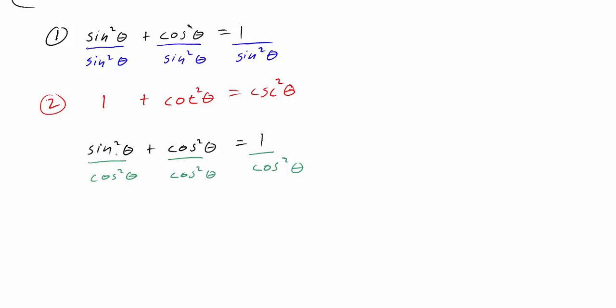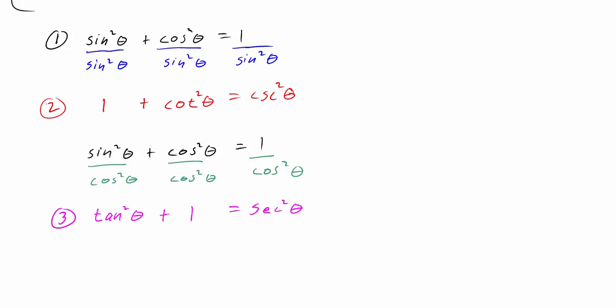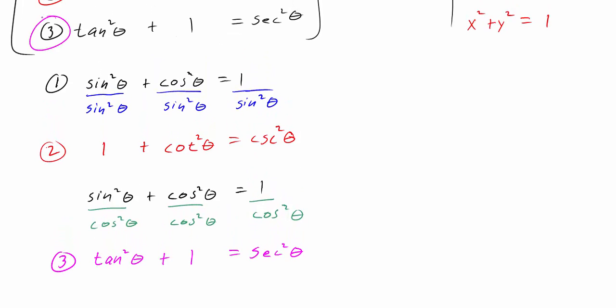We know from our previous identity that sine over cosine is the tangent, and because these are squared, we end up with tangent squared theta, plus cosine squared over cosine squared, which is 1. And then 1 over cosine squared would be another reciprocal, so to get rid of the fraction, we could simply write that as secant squared theta.